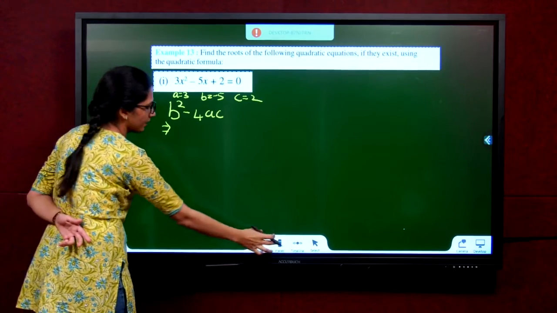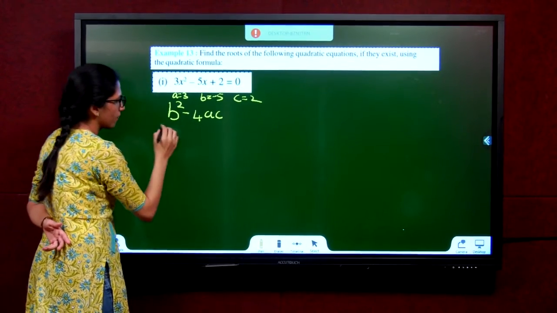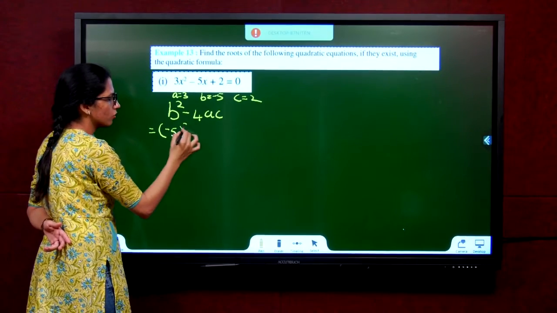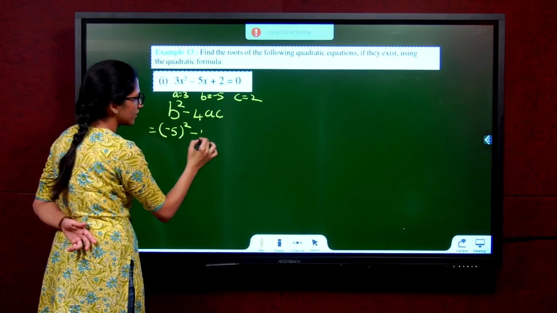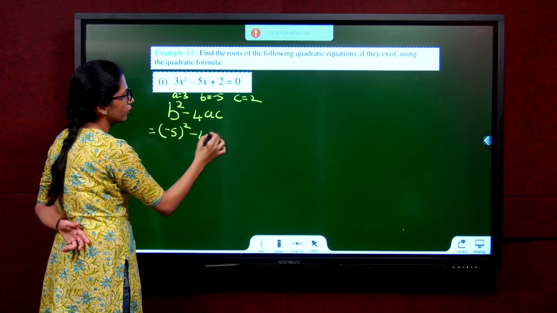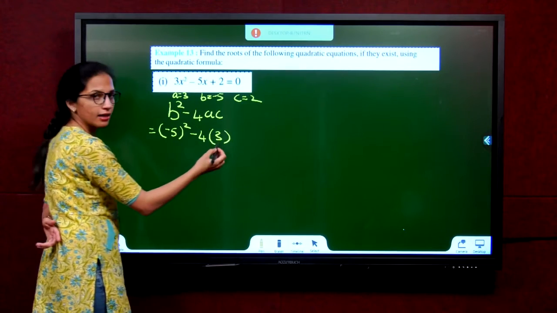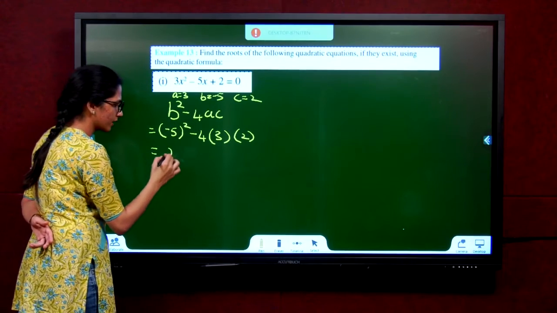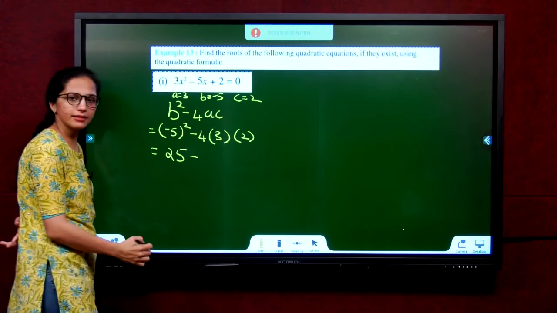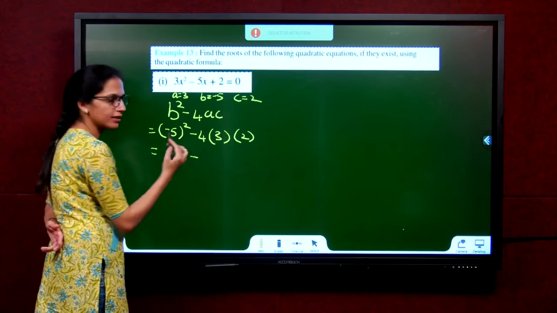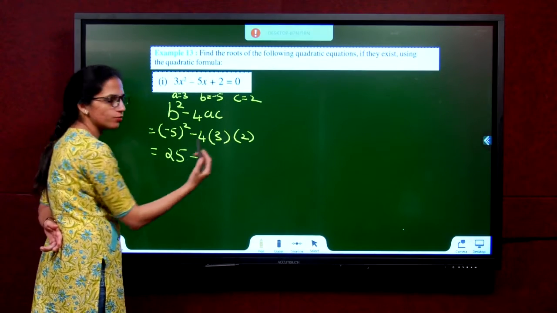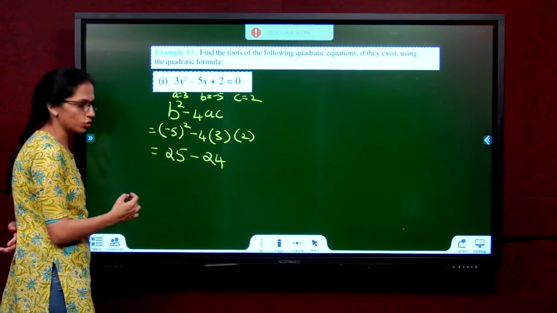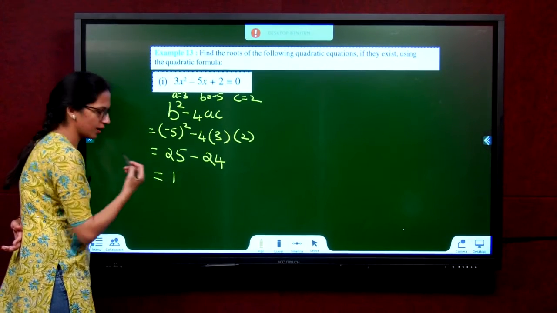So b² − 4ac is (−5)² − 4 into 3 into 2. 25 minus 4 3s are 12, 12 2s are 24. 25 minus 24 is 1.